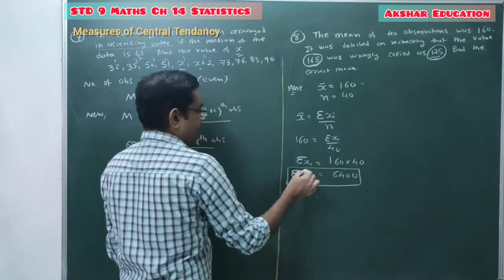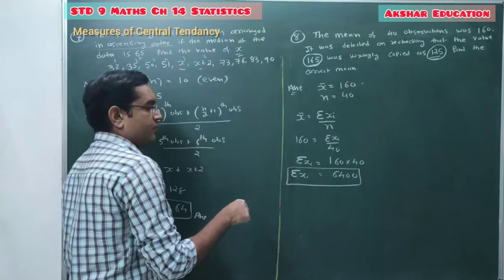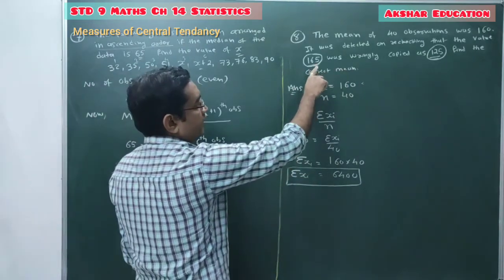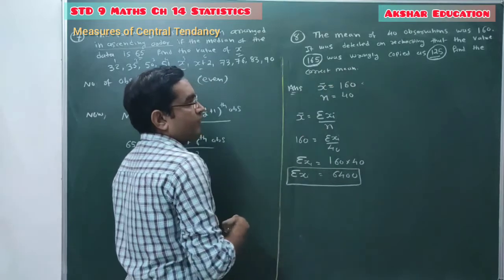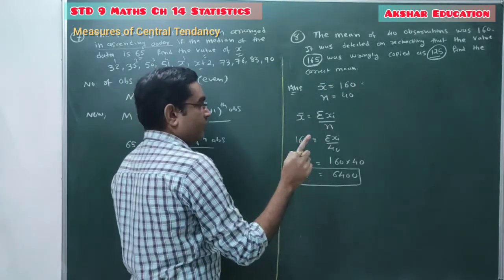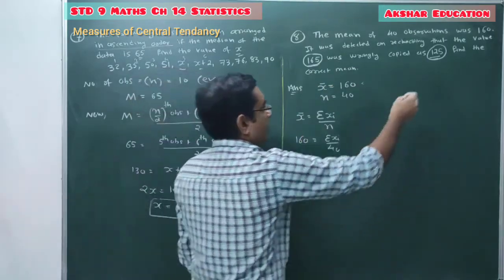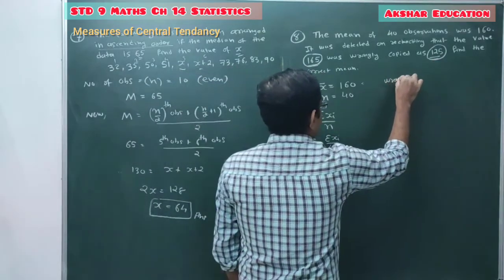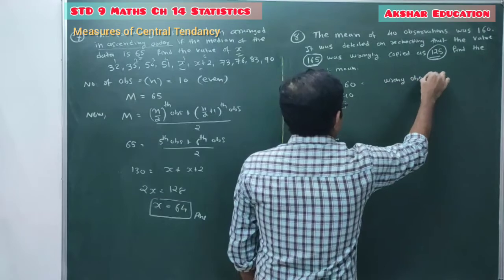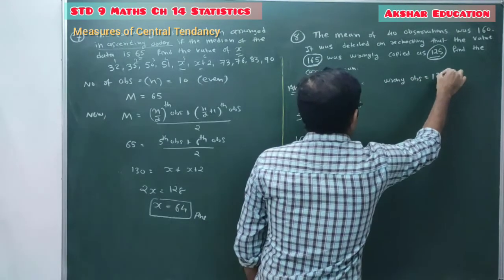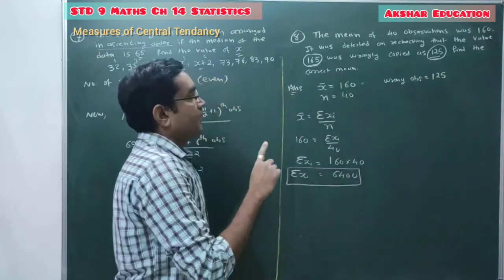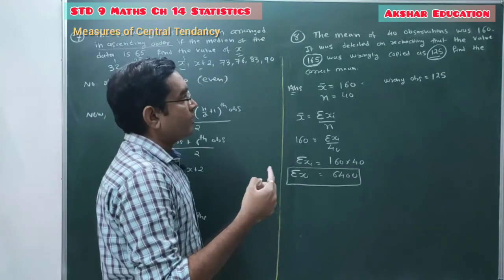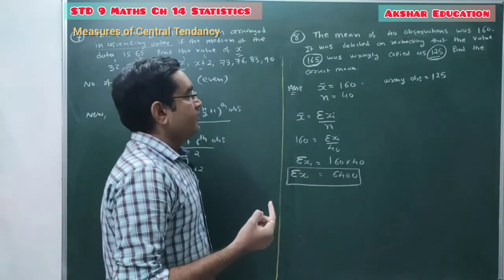How many observations are there? 40 observations. But in this sum, we have considered 165 wrongly copied as 125. So one observation is wrong, and that wrong observation is 125. Read the statement properly: it was detected on rechecking that the value 165 was wrongly copied as 125.